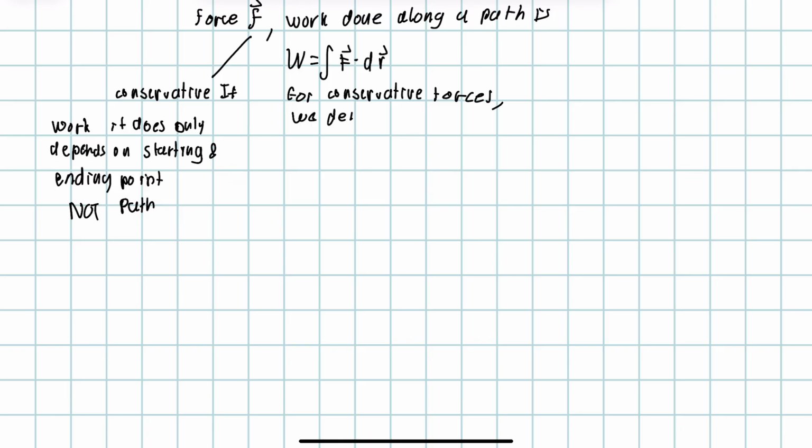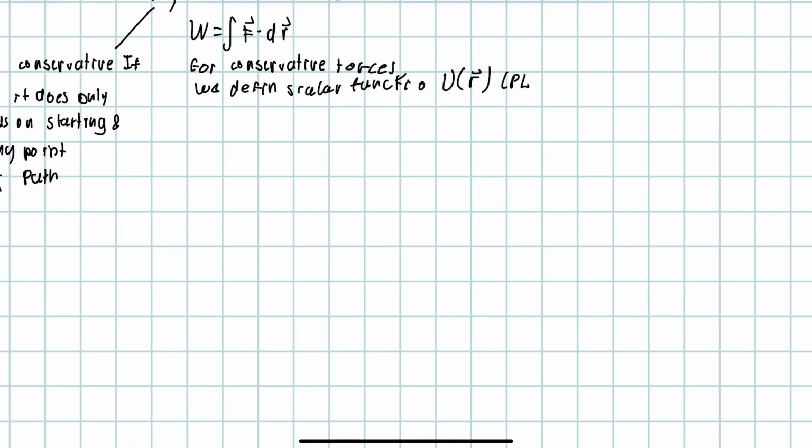we define the scalar function U of the vector r, which is potential energy, so that delta U is going to be equal to negative work. So delta U is equal to negative integral of the vector F times d of the vector r.